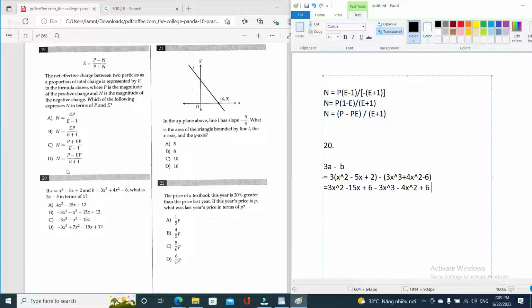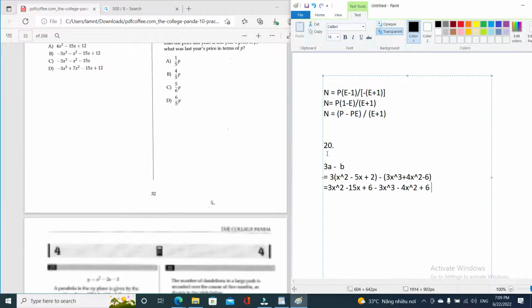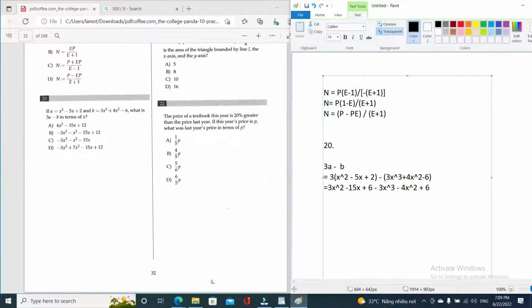So that's minus 3x cubed, minus x squared, minus 15x, and plus 12. So it should be B, right? It should be B.